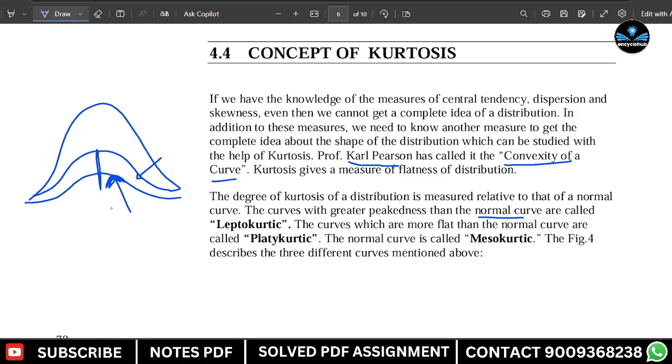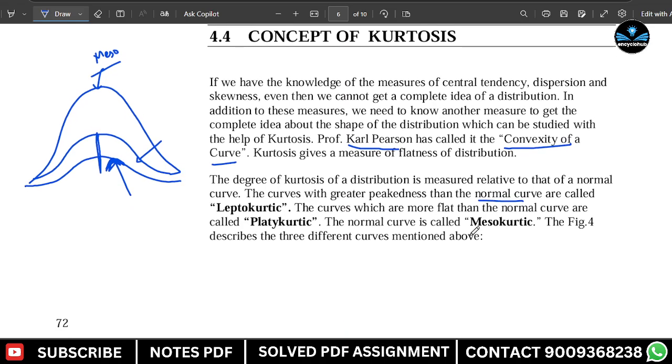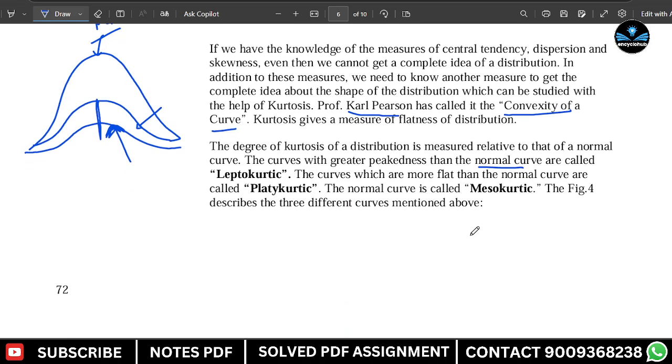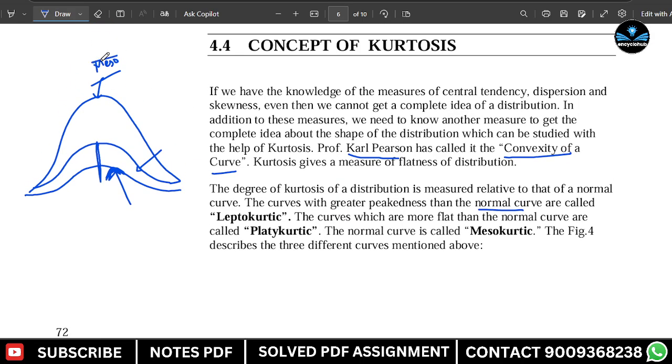This is platykurtic, and this one is mesokurtic. Okay, sorry. So actually, this is not mesokurtic. This is mesokurtic. This one is leptokurtic.